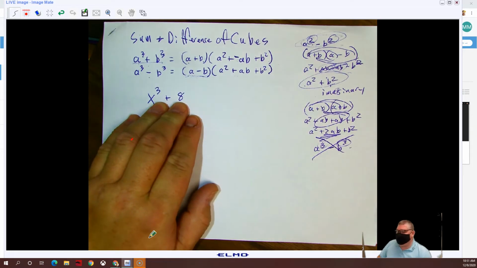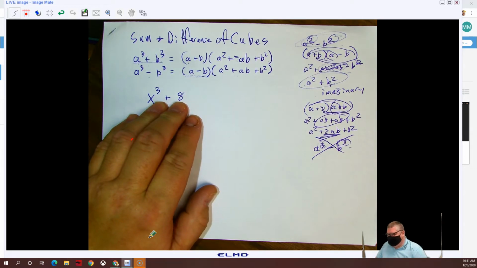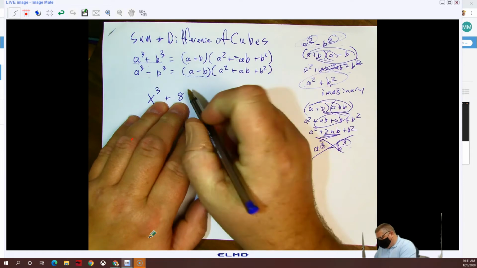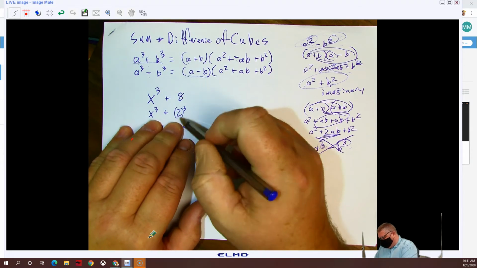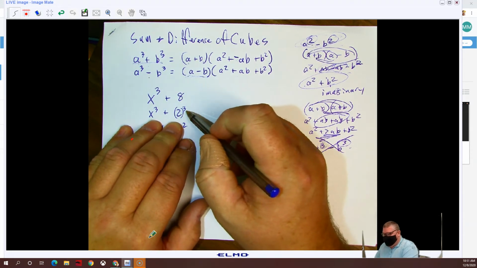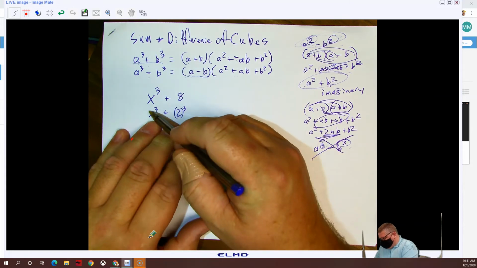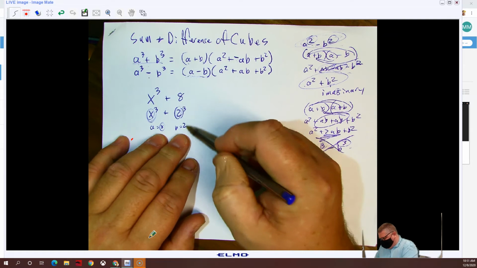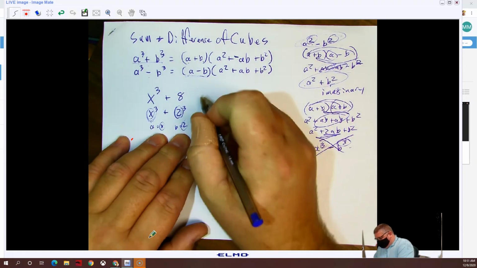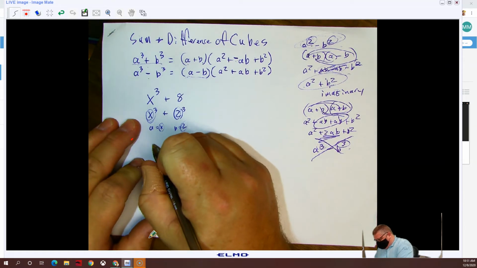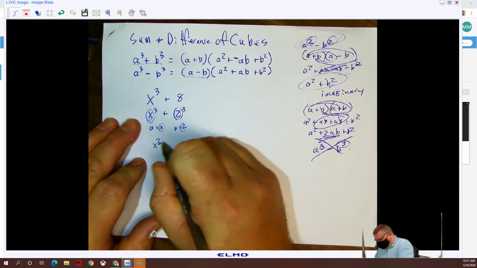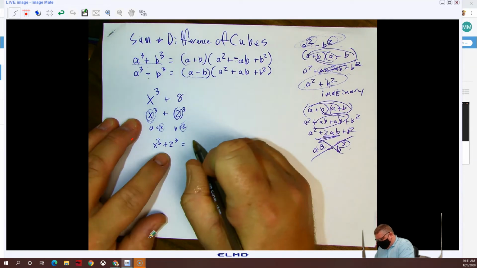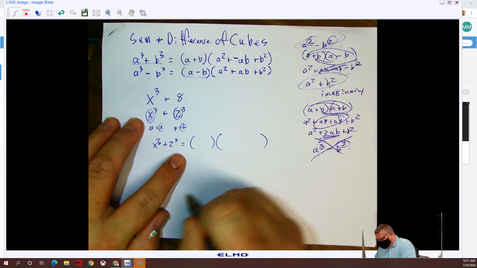If I have x cubed plus 8, you say, well, that's not cubes. Well, yeah, it is, because x cubed, and what is 8? 2 times 2 times 2, 2 cubed, which means instead of a, I have x, and instead of b, I have 2. So if I have a situation where I have x cubed plus 2 cubed, that's going to be this situation.